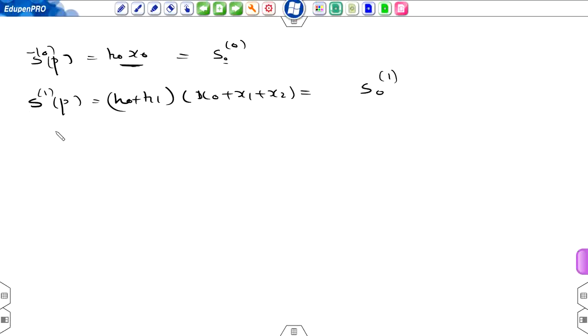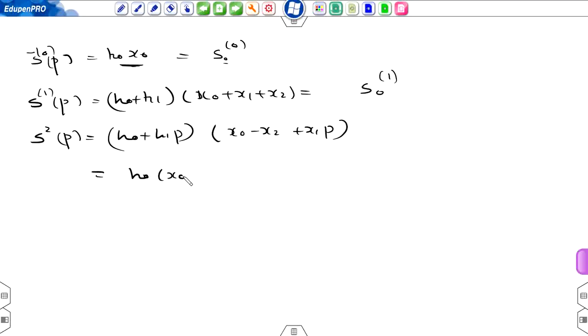superscript is 1 for this, and s of 2p is h0 plus h1p into x0 minus x2 plus x1p, and that can be written in the form h0 times x0 minus x2 minus h1 x1, plus h0 x1 plus h1 times x0 minus x2, bracket p.